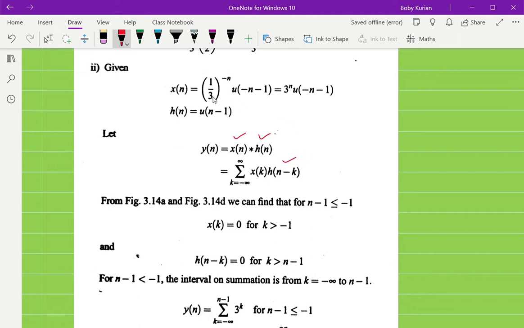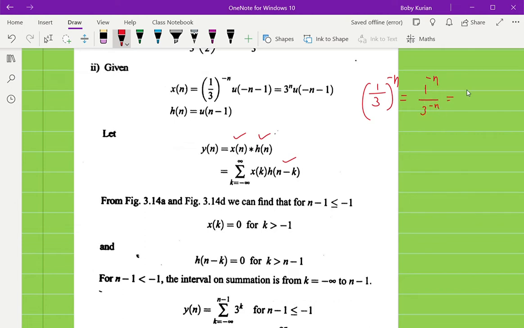So our first signal 1 by 3 raised to minus n, in fact that is 1 raised to minus n, 3 raised to minus n.